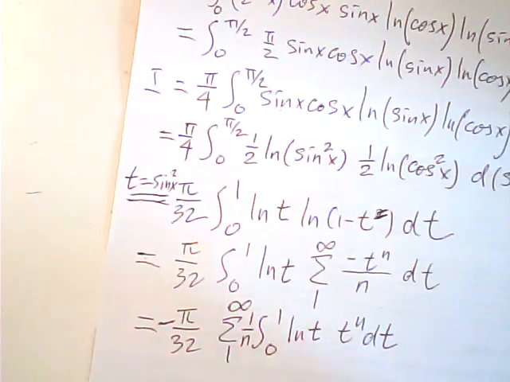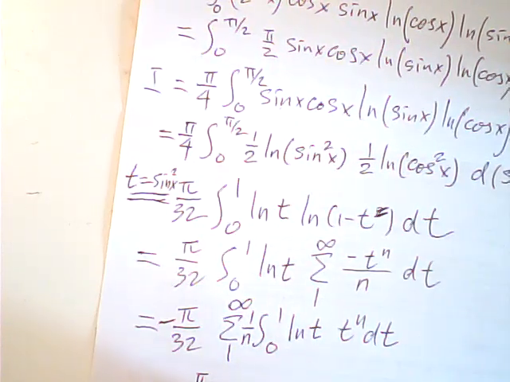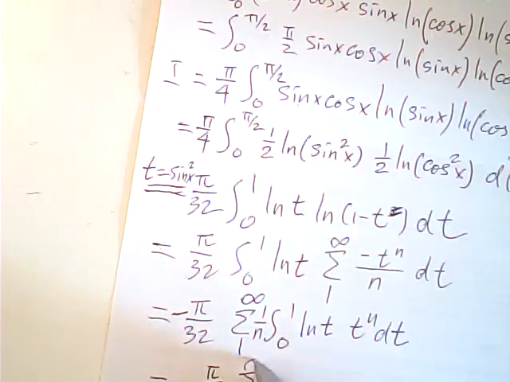Then this is minus pi over 32 sigma 1 to infinity 1 over n.